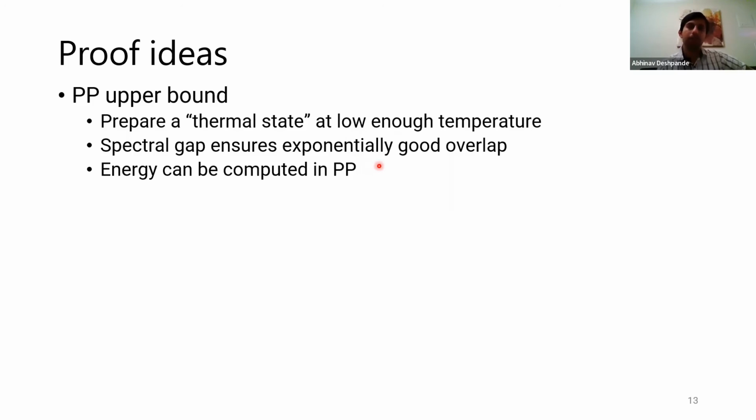So if you have a constant spectral gap or even an inverse polynomial spectral gap, this would ensure that the thermal state has pretty good overlap with the ground state. And because of this thermal state representation, you can write out the energy in terms of a large sum, which can be computed in PP.